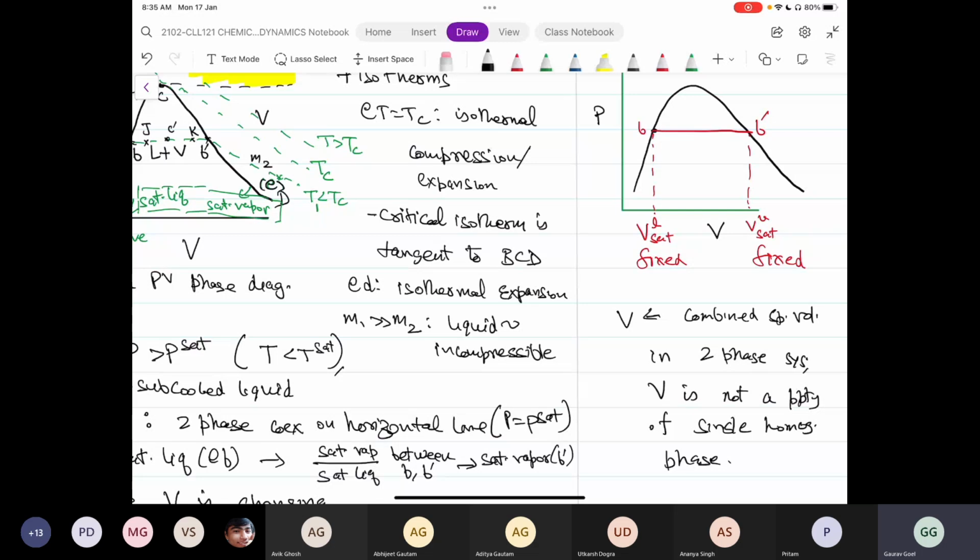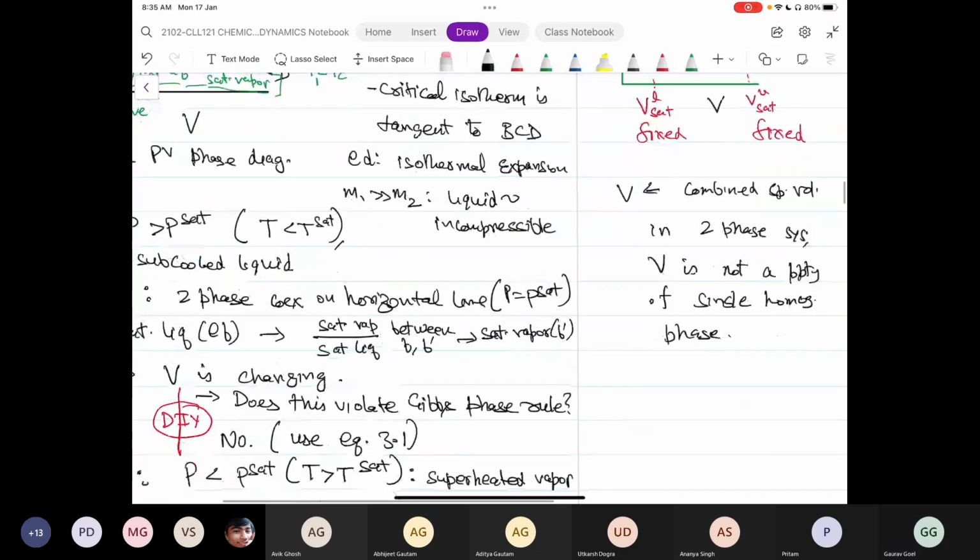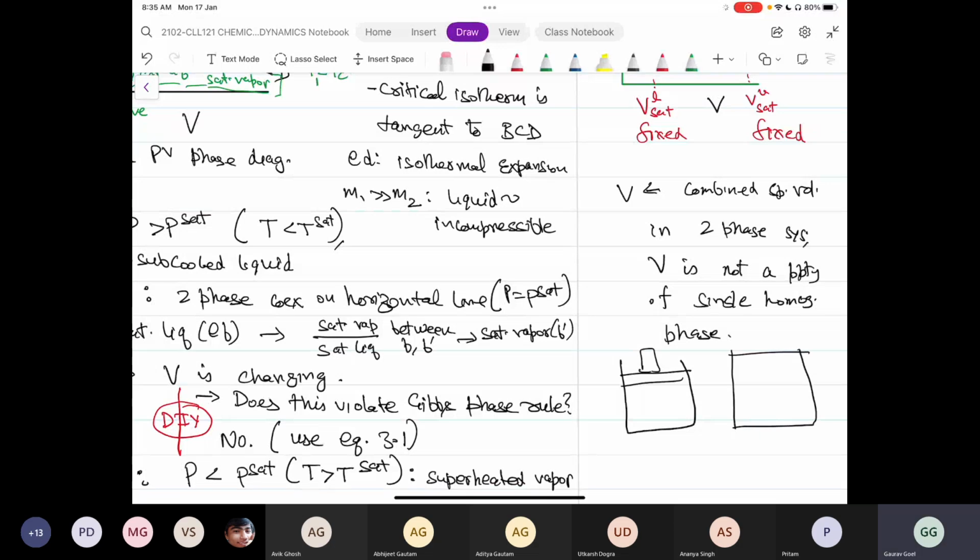And while this liquid is getting converted to vapor, the overall specific volume is changing. So if you look at the vessel, this piston will be able to move up because L is getting converted to V.